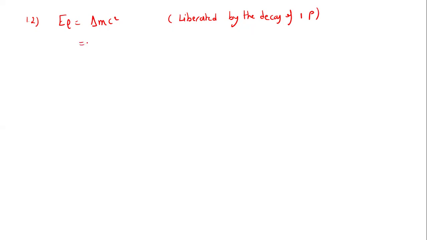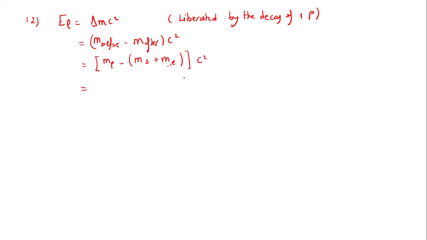So E_L equals delta m times c square, meaning m before minus m after, multiplied by c square. Before we have the phosphorus, while after we have the sulfur and the electron. It all multiplies by c square.